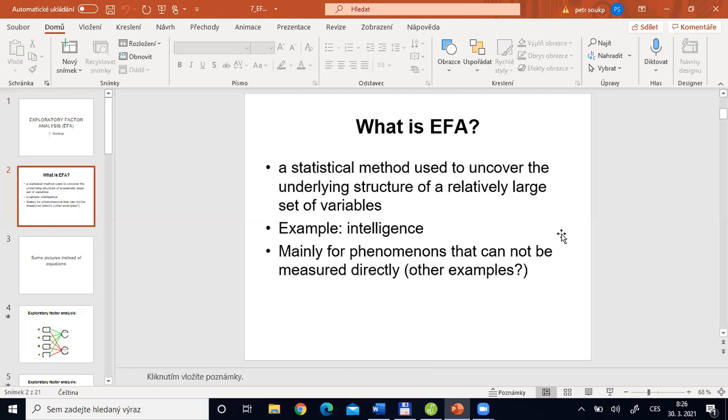Maybe personality or psychopathology. Okay, if you say personality, for example, a well-known concept is the so-called Big Five measurement tool. There are two versions, a broad one and a narrow one. I guess that the narrow one has approximately 10 or 11 items and the big one 44 items.